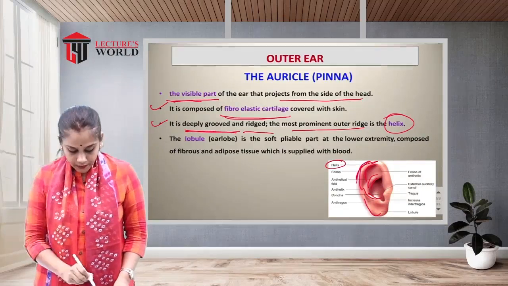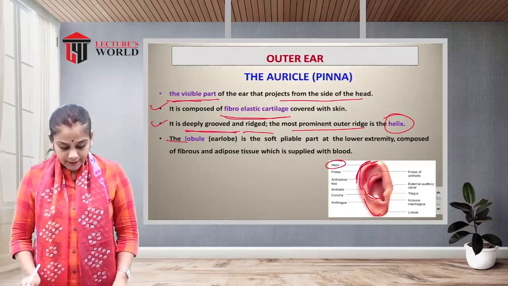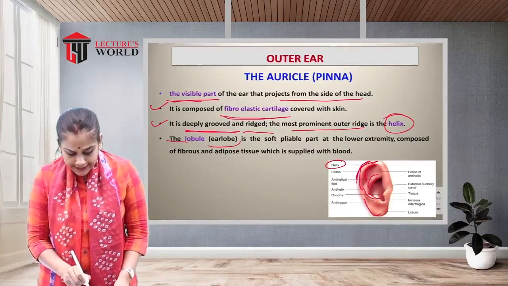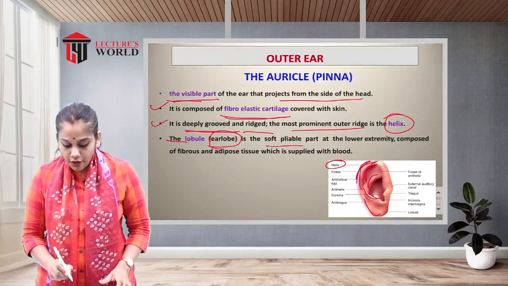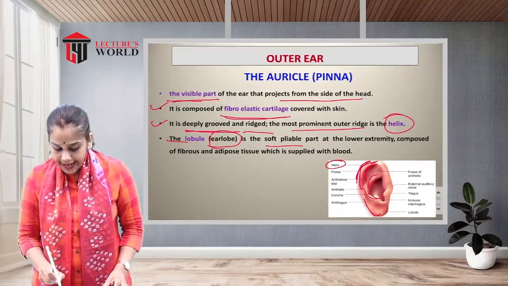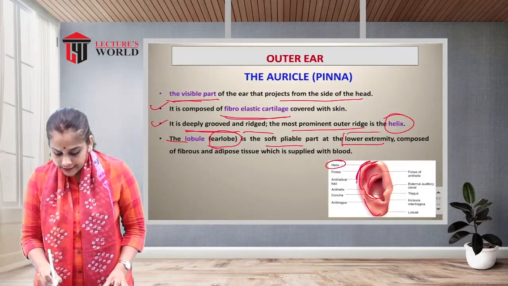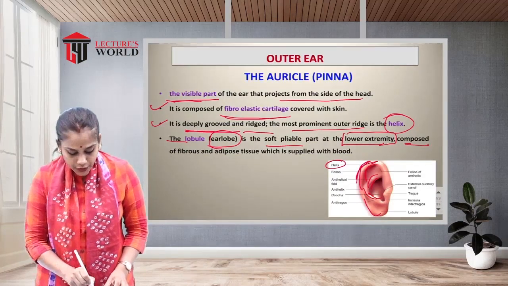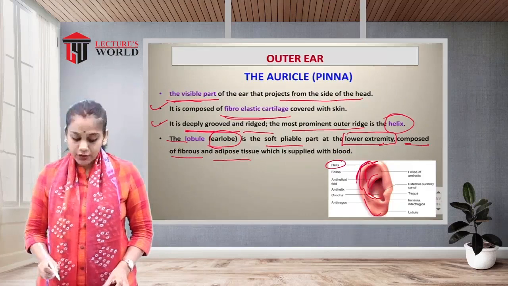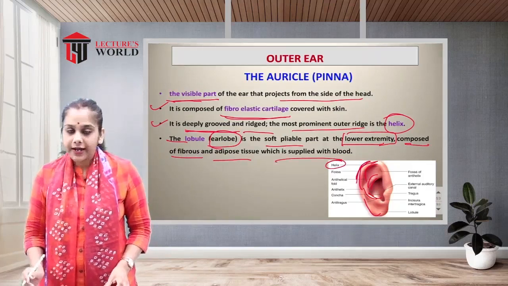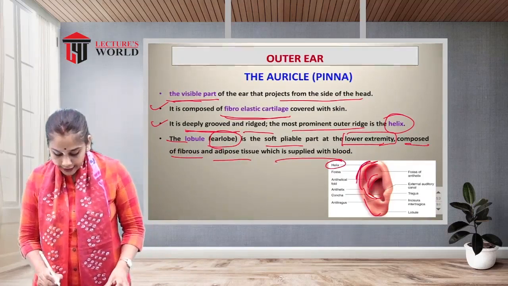Then the lobule, or we can say ear lobe. It is a soft, pliable part at the lower extremity of the ear, composed of fibrous and adipose tissue, which is supplied with blood.